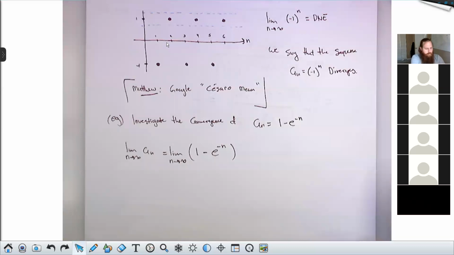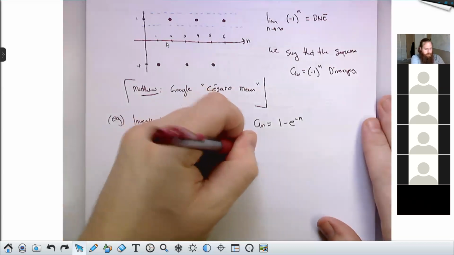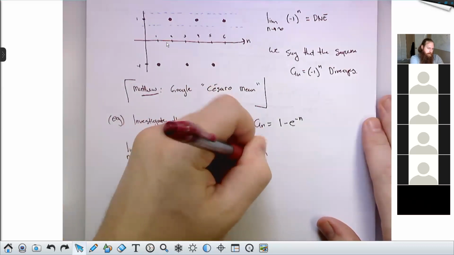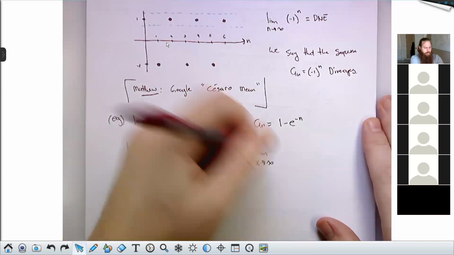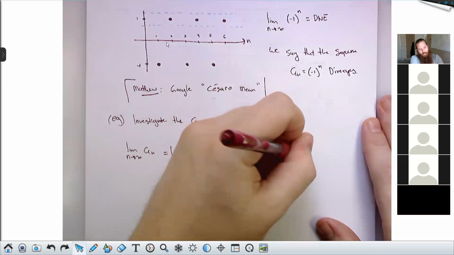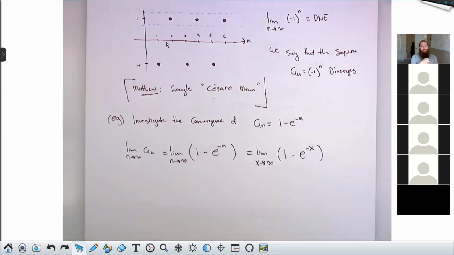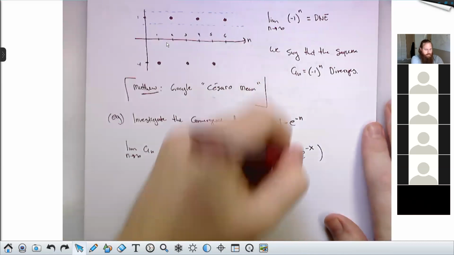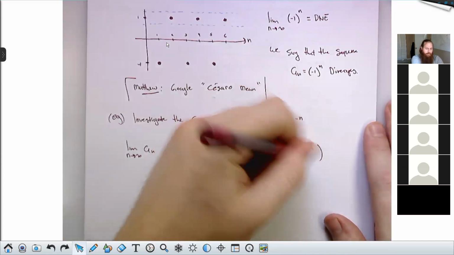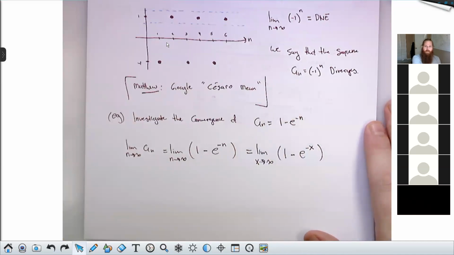But the very first trick, the swapping n's for x's trick, will work nicely here, because I know what e to the negative x does. I know what the graph of e to the negative x looks like.